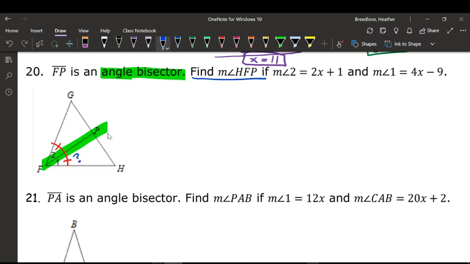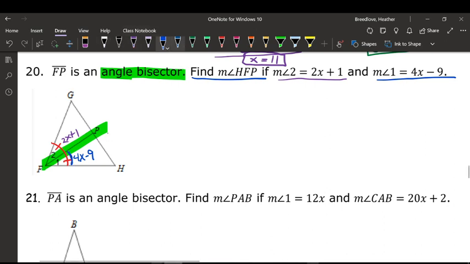And it gives me the measure of angle 2 is 2x plus 1. So angle 2 is 2x plus 1. That's over here. And then it tells me that the measure of angle 1 is 4x minus 9. So that's also what I'm looking for, is 4x minus 9. And this is what I'm solving for right here.